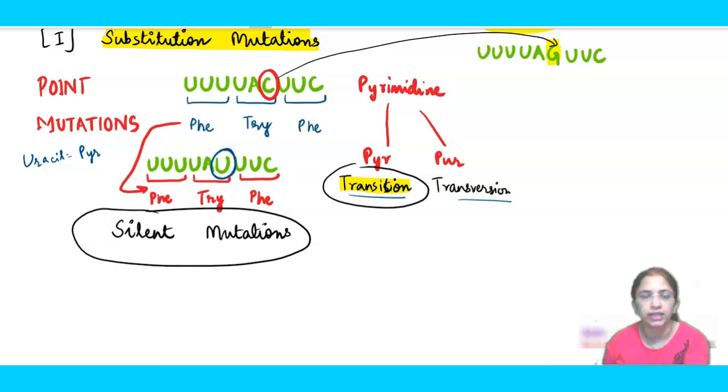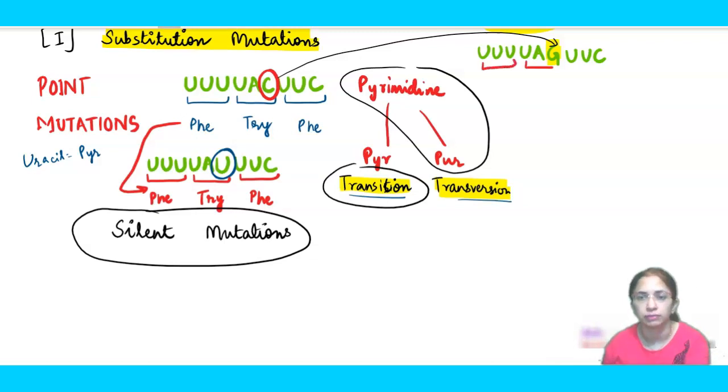Now C is a pyrimidine and G is a purine. That means we have done this. Okay, so in this process we have done transversion because a pyrimidine has been substituted by a purine. Okay, now we will see what will be the code for the amino acids.